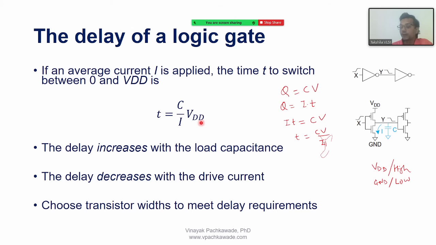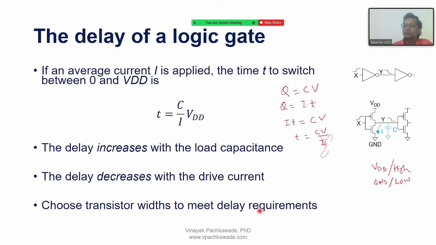But what about the supply voltages for those technology nodes? It is about 1 volt or even less, 1 volt, 1.2 volt, as compared to 5 volts. I have explained that to you earlier. So delay will increase with the load capacitance and decrease with the drive current. And transistor width will determine how we meet the delay requirement.